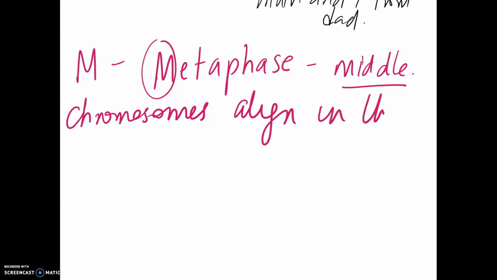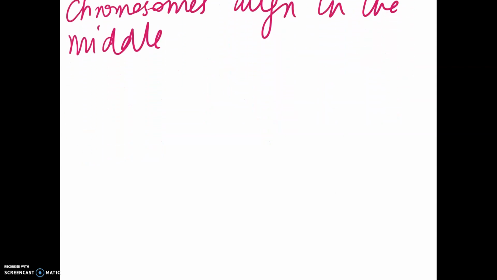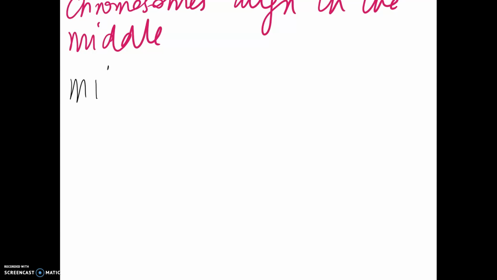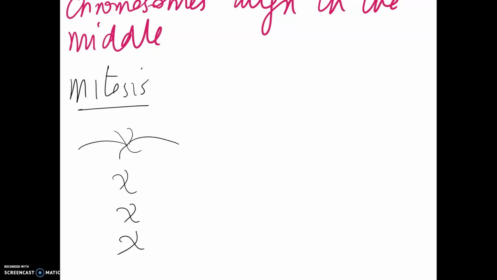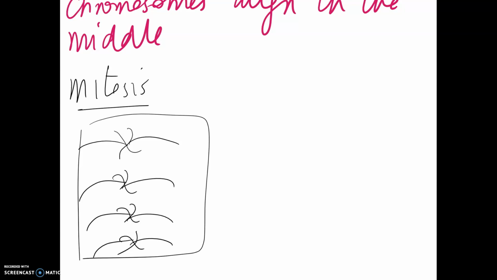If I use four chromosomes for this explanation in mitosis metaphase, we end up with 1, 2, 3, and 4, and you will see that they are all aligned in the middle, like that.